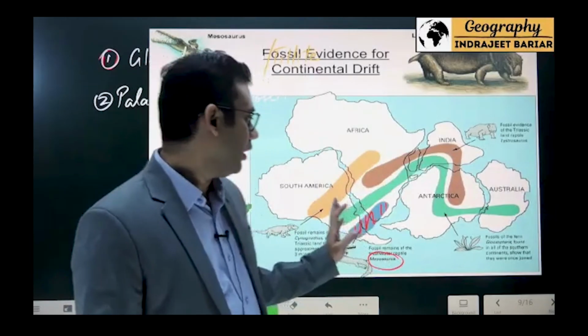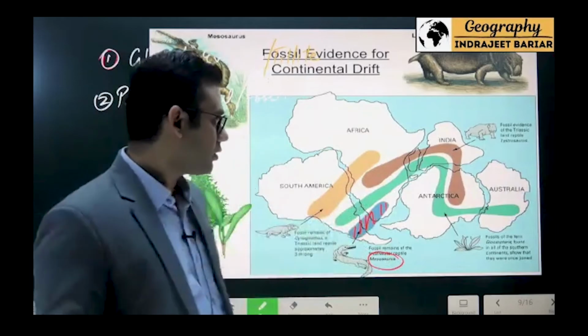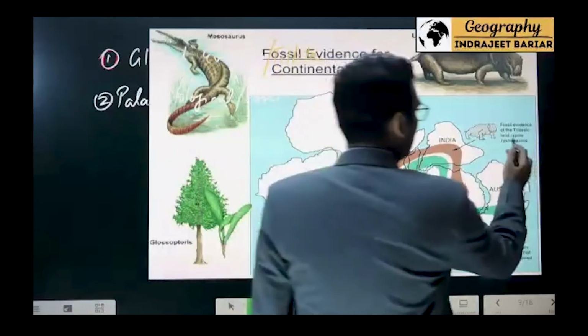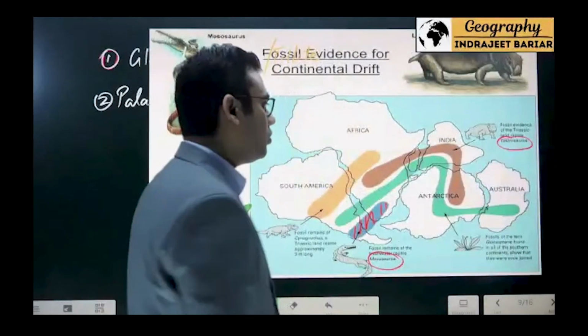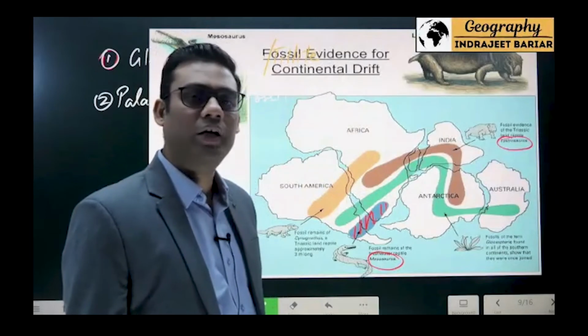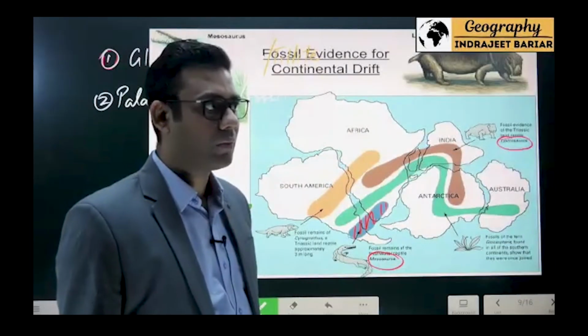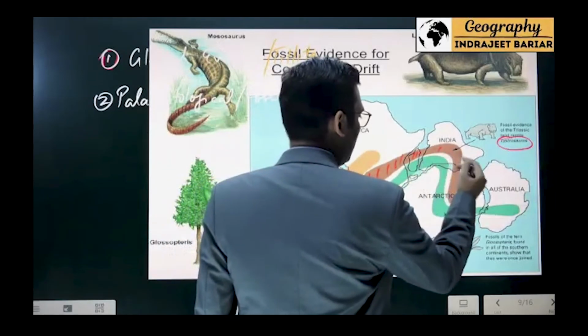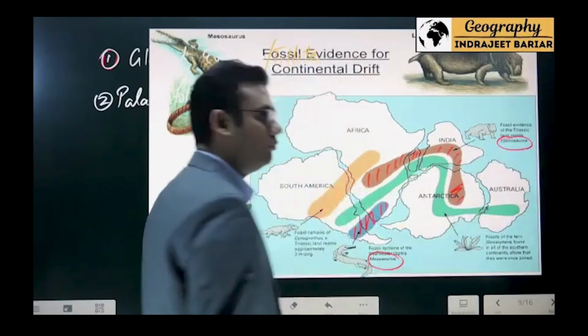Mesosaurus fossils यहाँ मिले, far away places. Okay, इसी तरह next one that you have to know is Lystrosaurus. Lystrosaurus significant from examination perspective because इसके fossils India में मिले थे. ठीक है, and Lystrosaurus distribution you can see Africa, Madagascar, India, Antarctica.